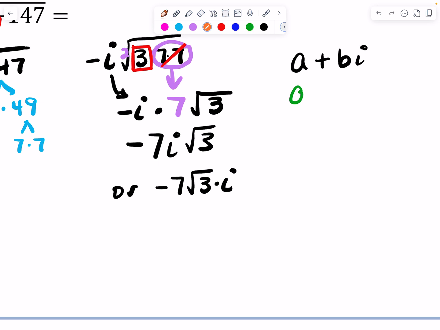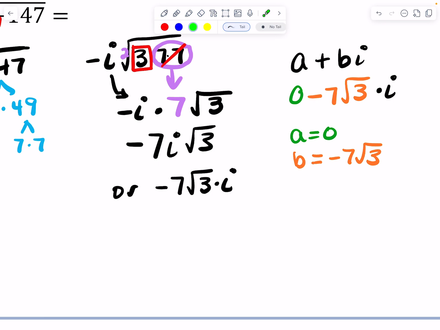We don't need a plus because our b is negative. So that shows us we've got a equals 0 and b equals -7 root 3, which is always going to be what's in front of the i.